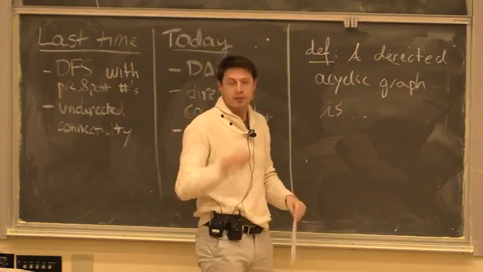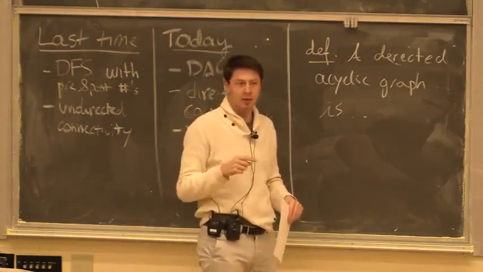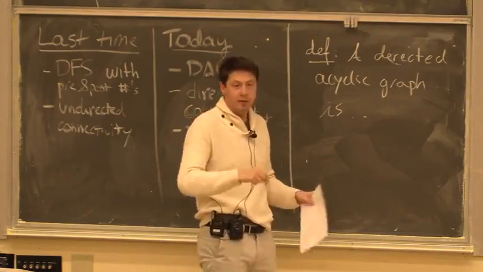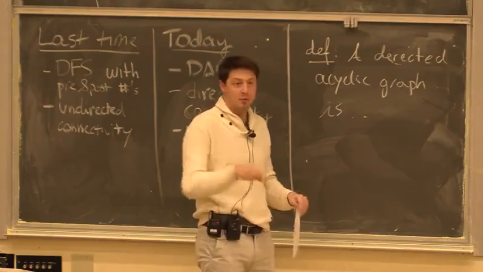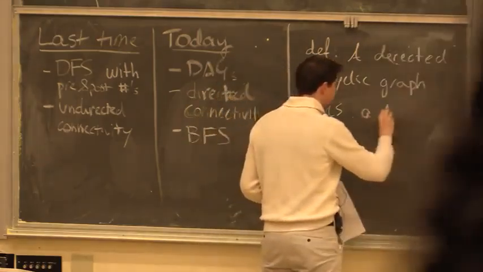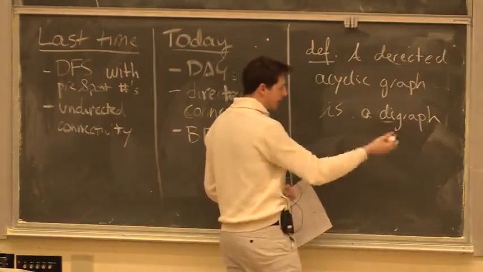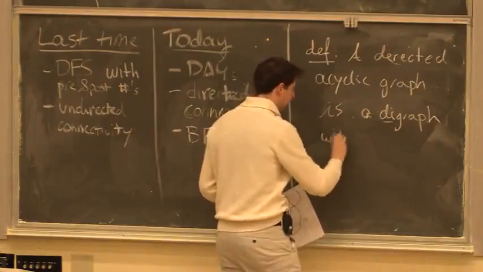So there's no way to go off on a non-trivial loop starting from a vertex, say V1, V2, V3, and at some point you come back to V1, okay? So it is a directed graph. Sometimes you may see the abbreviation DAG, which means directed graph with no cycles.